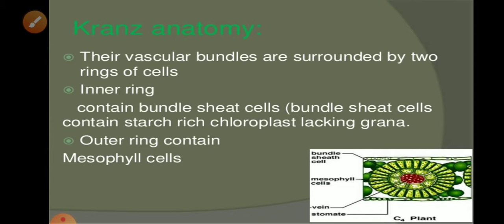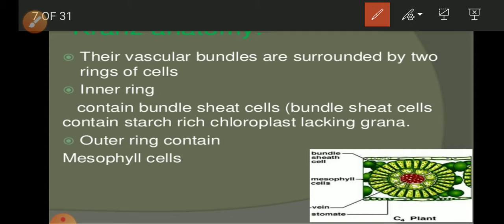Here is one very important point regarding C4 photosynthesis: Kranz anatomy. Kranz anatomy is named after Kranz, the scientist who discovered and described the anatomy of the arrangement of the mesophyll cells and bundle sheath cells in the leaves of the plant.